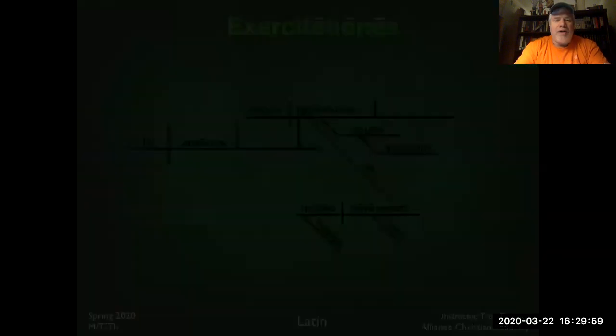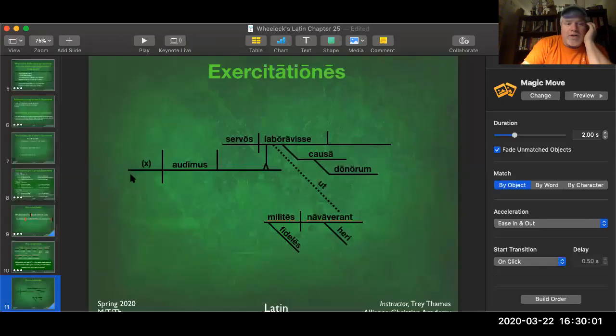I'm going to go into editing mode so I can walk us through it. Here's the main sentence. The subject is understood from audivimus, we heard. And then this entire phrase, this whole rest of the sentence, is basically acting as the direct object of this verb. We heard that, and then servos is the subject of this infinitive verb.